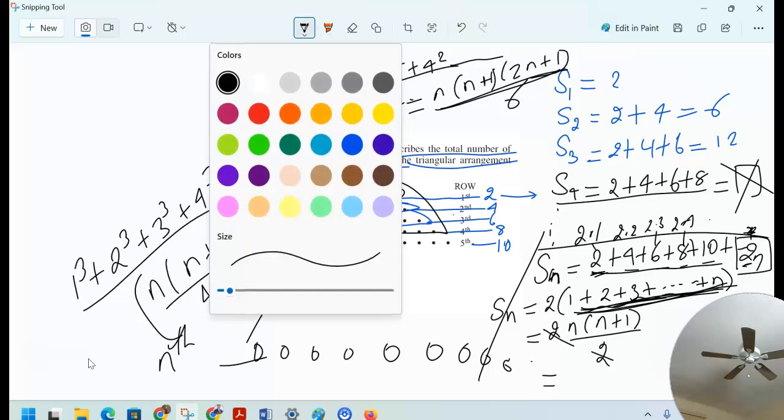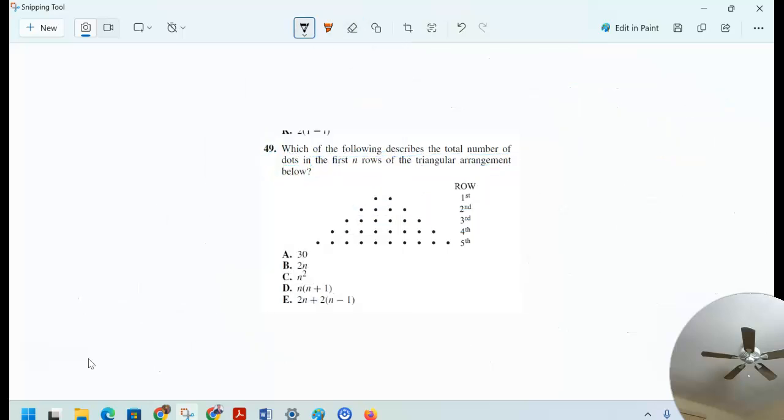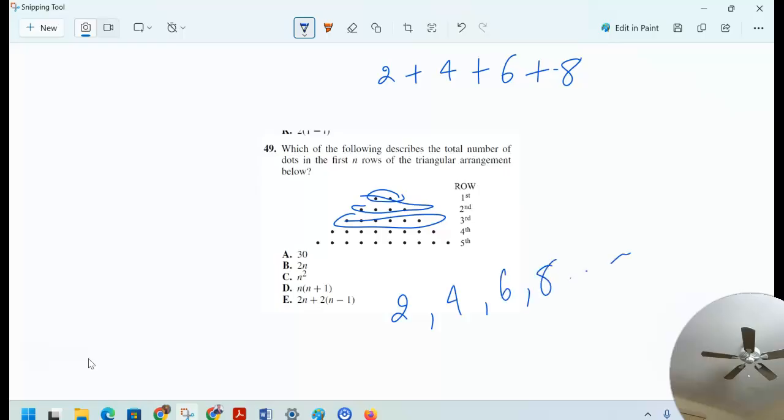Okay, let's do that. Let me clear this. And let's use it without much. So these are 2, right? So it is 2. Next is 4. Next is 6 like this. And next is 8. And you can see this number, 2, 4, 6, 8, and you want to know the nth one. So this becomes 2n. And because it is an arithmetic sequence, you are adding plus 2, plus 2, plus 2.